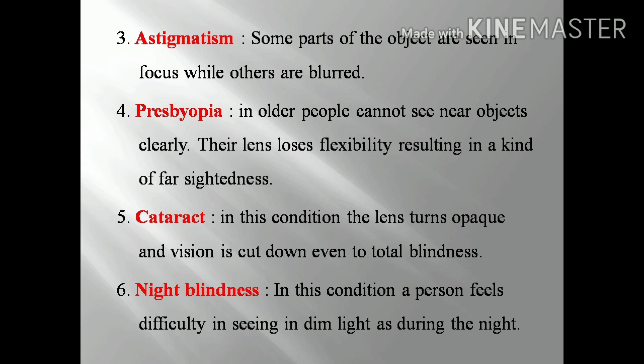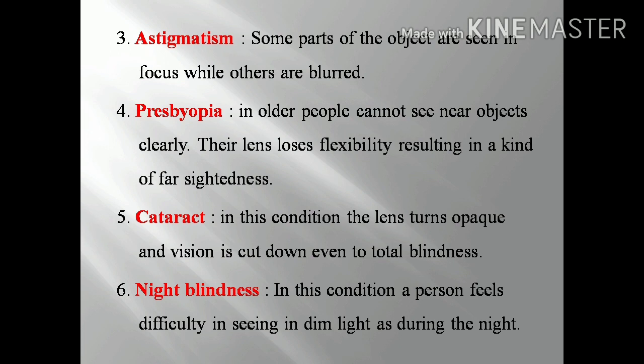It can be corrected by surgically removing the lens and using spectacles with a highly convex lens, compensating for the missing lens, or in a newer technique, a small plastic lens is implanted behind or in front of the iris. So they can use spectacles having a highly convex lens, or they can implant the plastic lens behind or in front of the iris region.